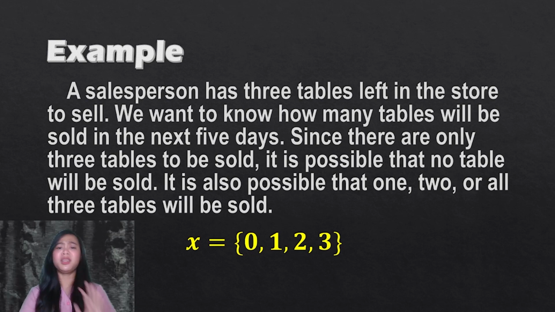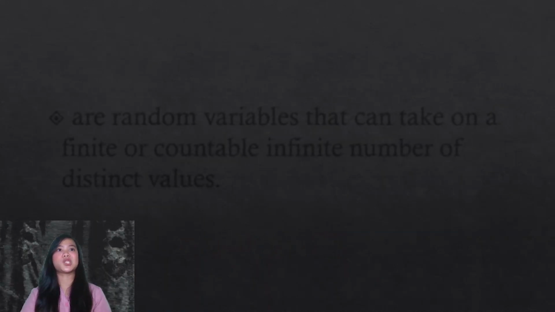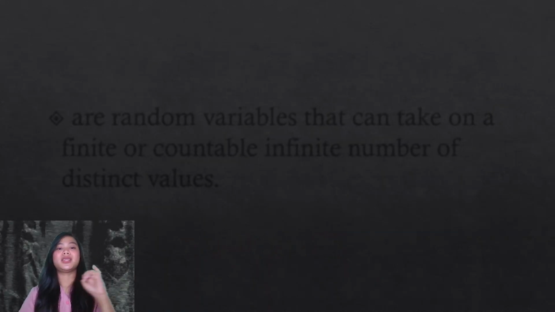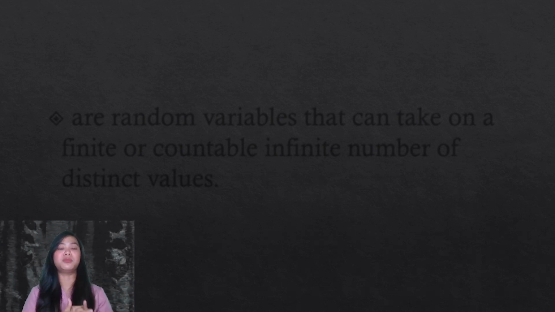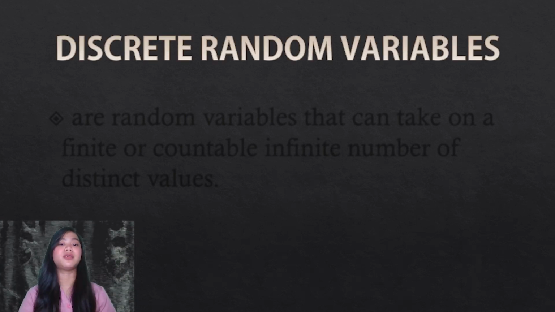So the random variable has 2 classifications. What are those? The discrete random variable and the continuous random variable. So we are going to discuss the 2. First, discrete random variables. So what are these?